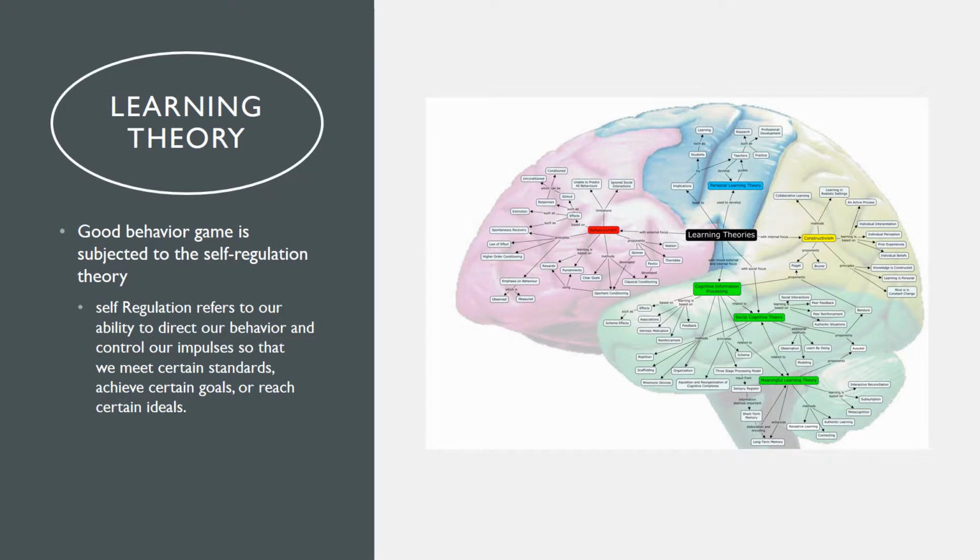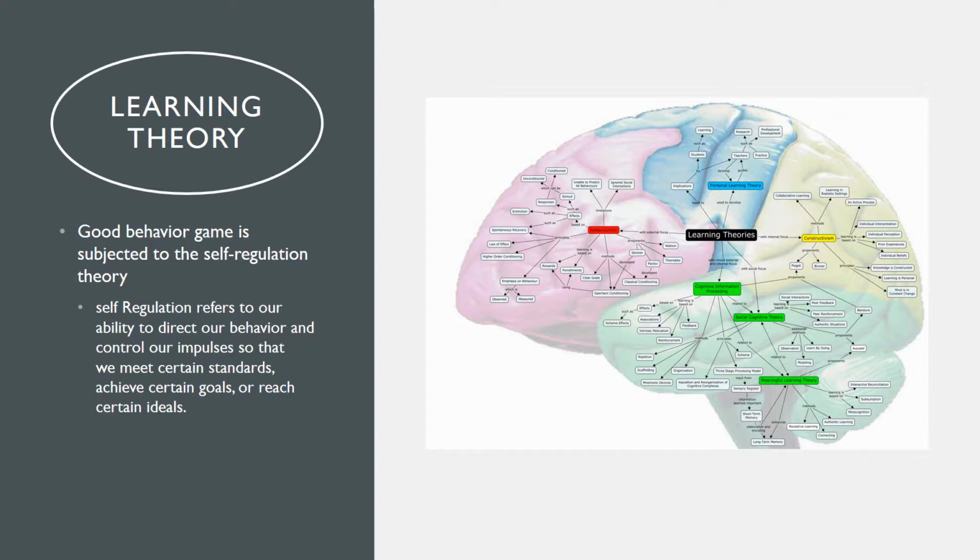The learning theory that applies to the good behavior game is self-regulation. Self-regulation refers to our ability to redirect our behavior and control our impulses so that we meet certain standards to achieve certain goals or reach certain ideals. The reason why the good behavior game is applied to this learning theory is because of exactly what it means.